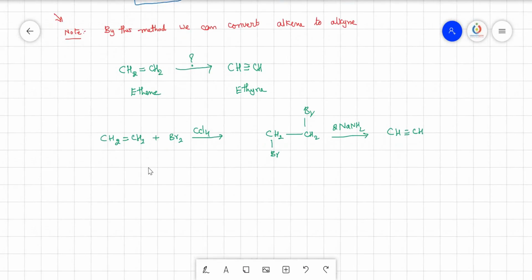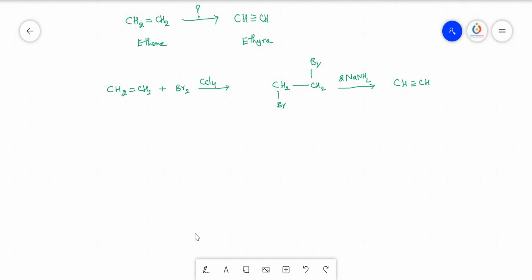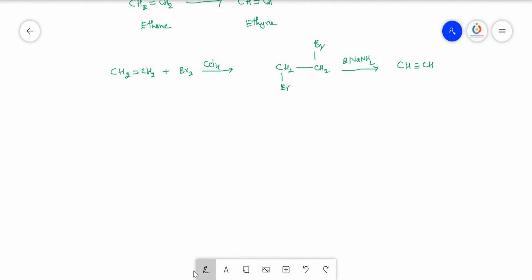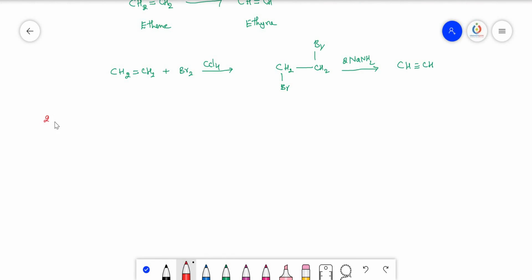Now let's try to see how to prepare the alkynes from the tetrahaloalkane molecules. Second method is by heating 1,1,2,2-tetrahaloethane molecule.